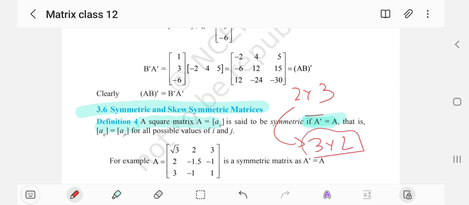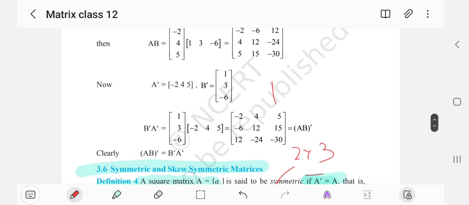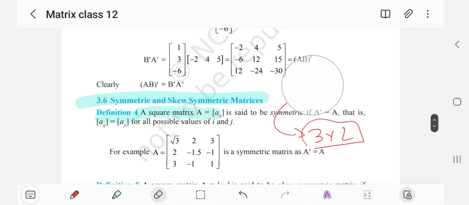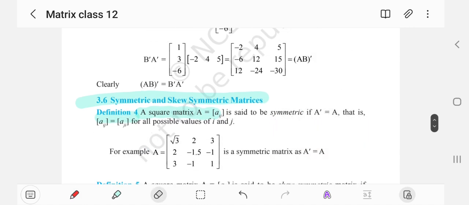If I have a matrix of order 1 by 4, then the transpose matrix will be of order 4 by 1. So they can never be the same, right? If the orders are not the same, then how can the matrices be the same? So obviously the matrix should be a square matrix.